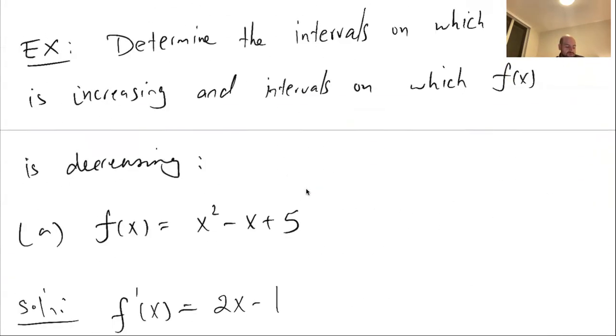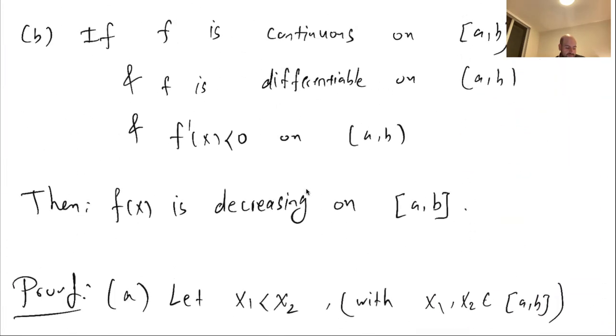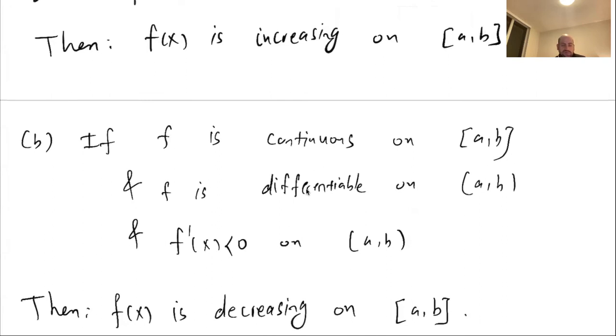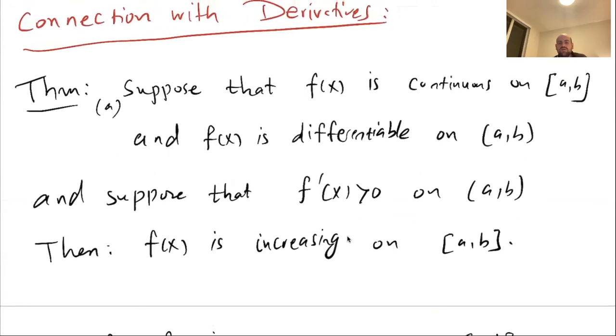Look at the theorem one more time. Here. Differentiability is on the open interval, the values of f prime on the open interval, but then decreasing on the closed interval. Similarly, for increasing, differentiability on the open interval, values of f prime on the open interval, but then increasing on the closed interval.